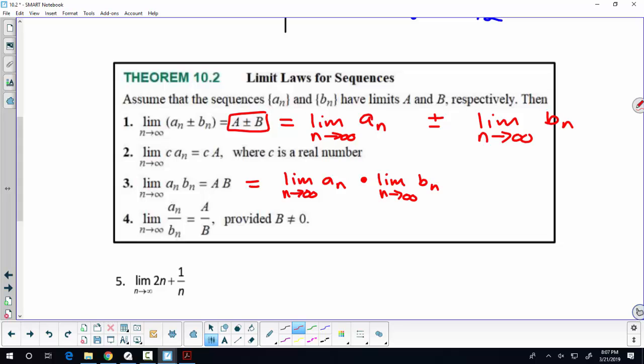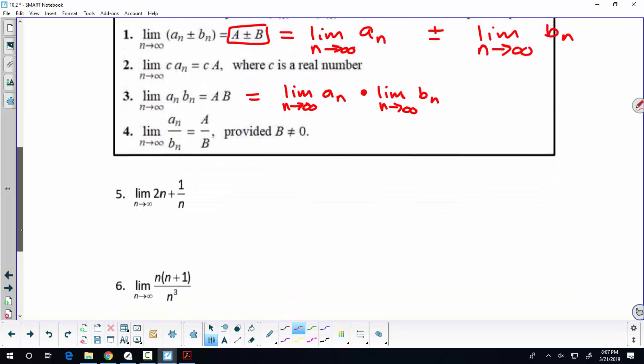If you're rusty on these things, you need to review limits at infinity, and that inherently involves L'Hopital's rule as well. You can access that in section 2.5 in your textbook. And when we get to L'Hopital's, that's in section 4.7.